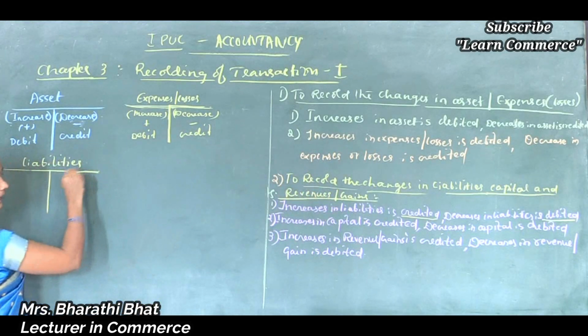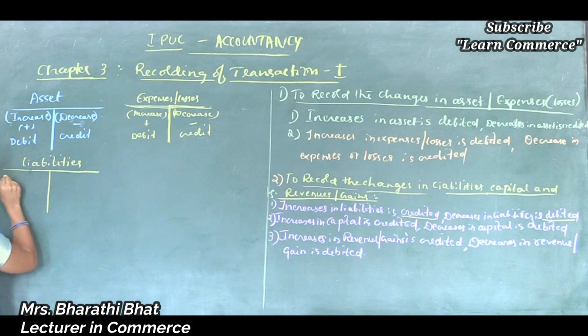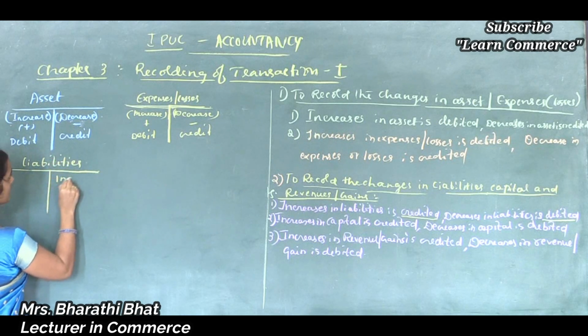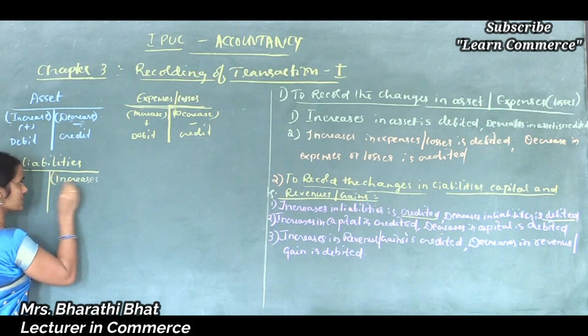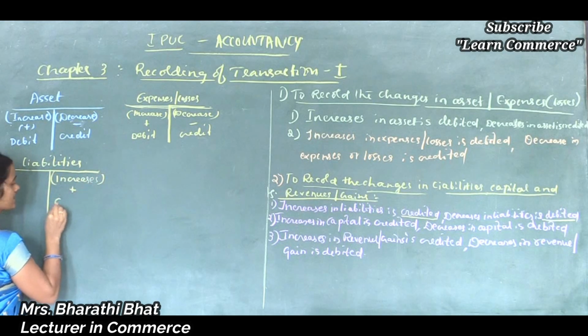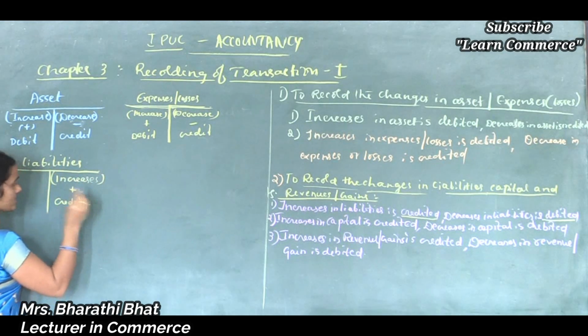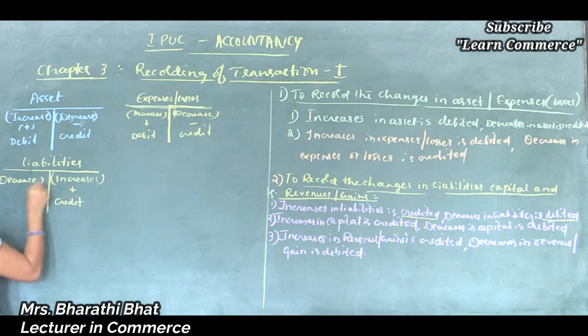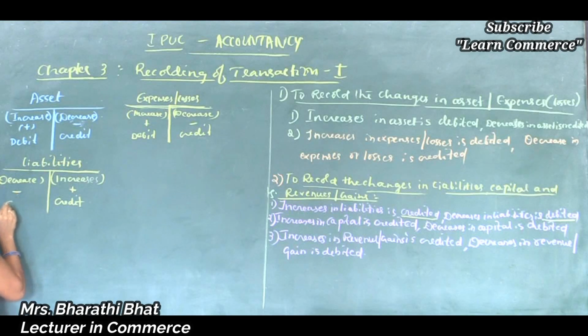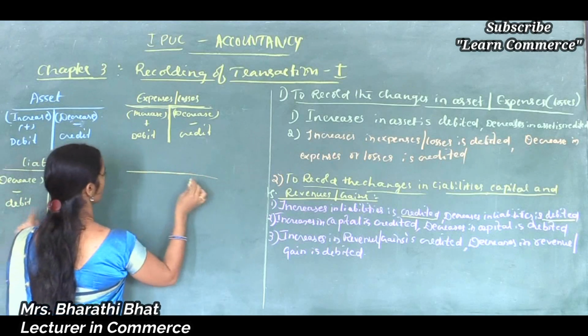So here, liabilities, increases in liability is credited. Here increases means plus is credited, means credit. Decrease in liability is debit. Increase in liability is credited, decrease in liability is debited. Let's see one more type.